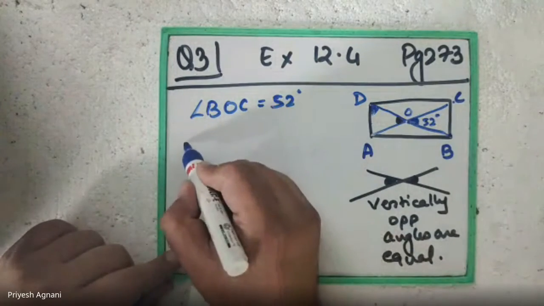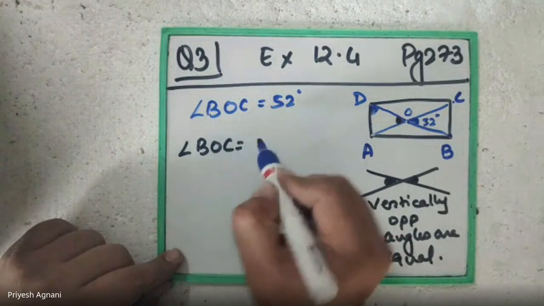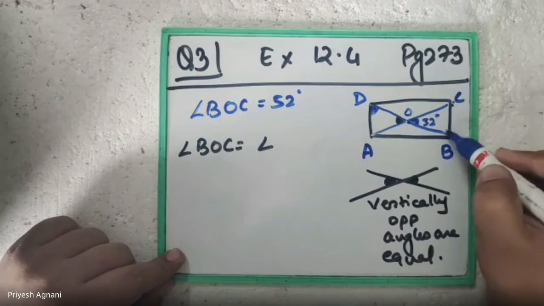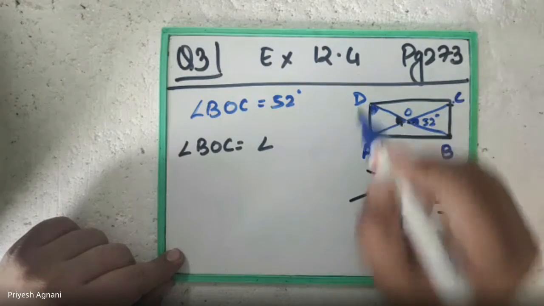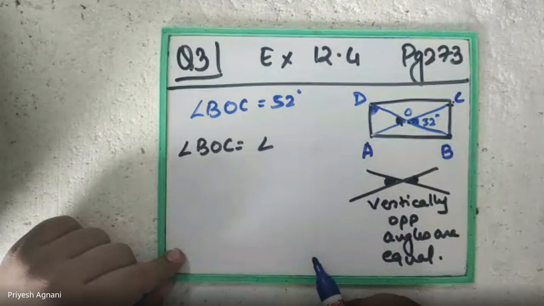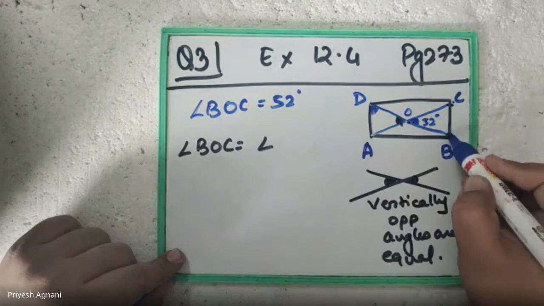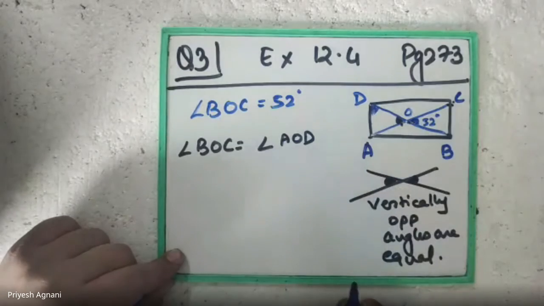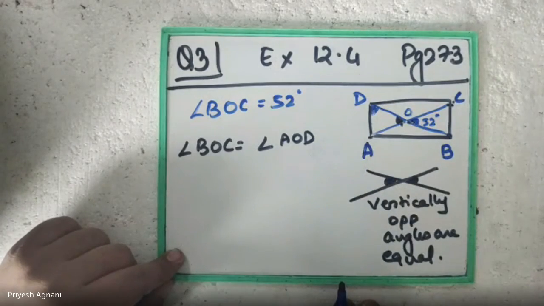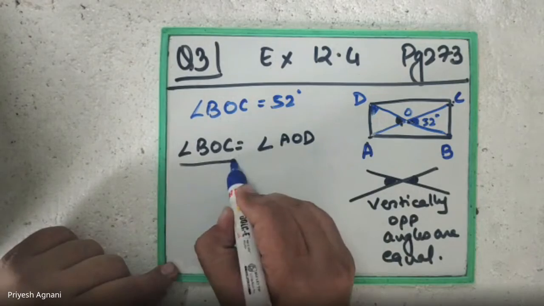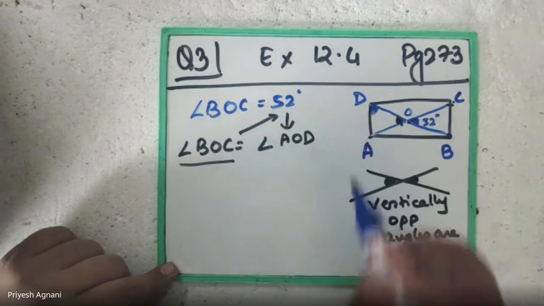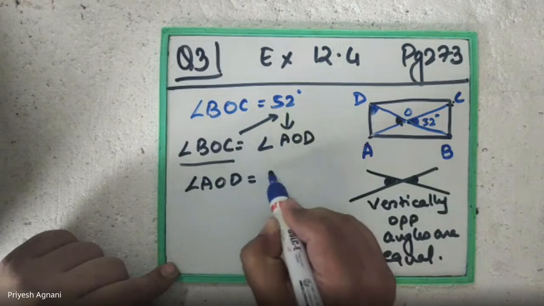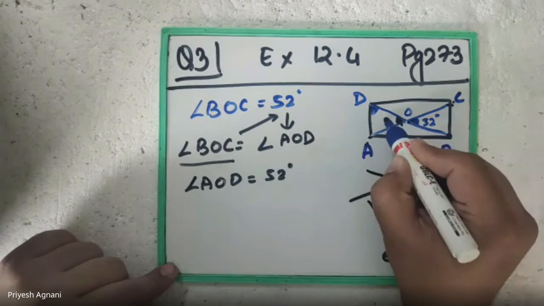Right. So angle BOC is equal to angle AOD. अगर BOC 52 है तो AOD भी 52 ही होगा. So I write down angle AOD is equal to 52 degree.